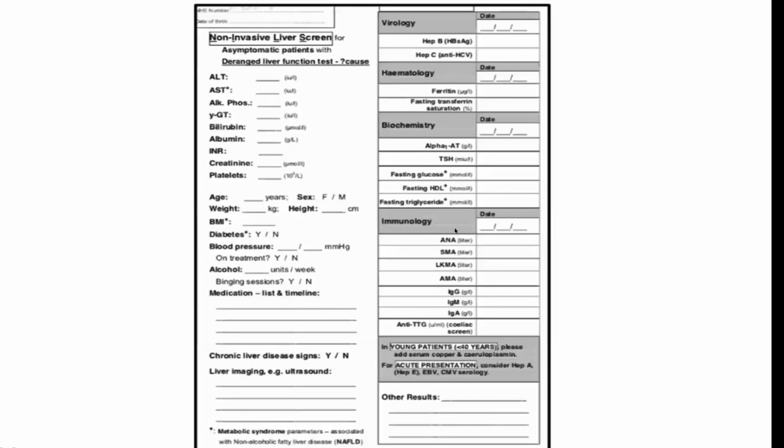You need to think about specific immunology, which you may see in various types of liver disease. And then you've got your immunoglobulins there. So there's a nice little cheat sheet really to help you out, reminding you what investigations you need to order for picking up various causes of liver disease.